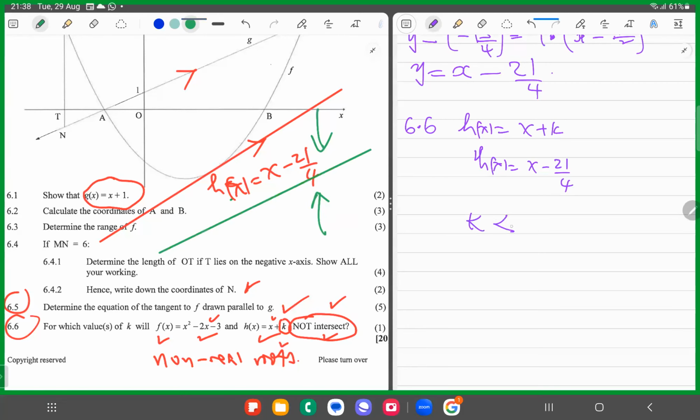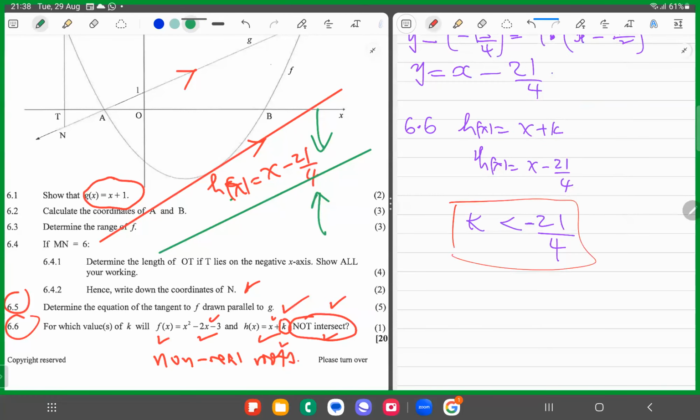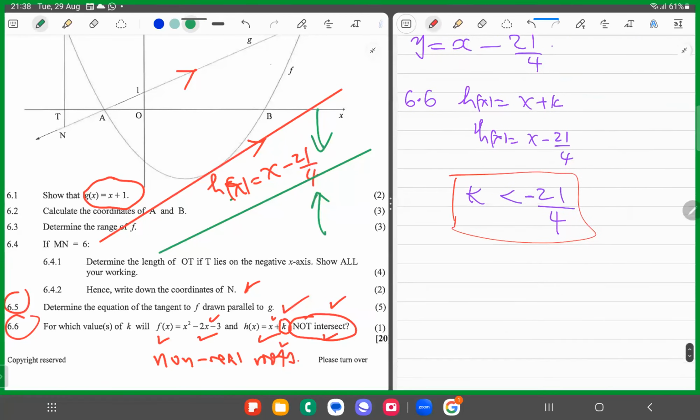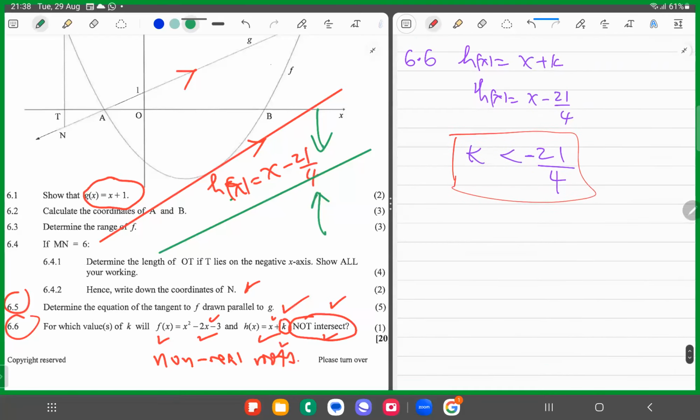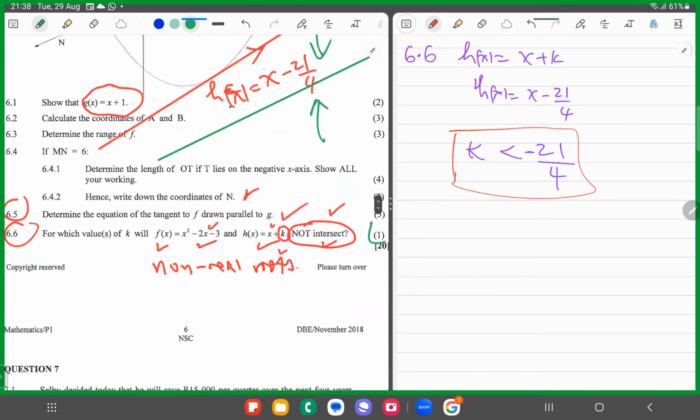You say k must be less than minus 21 over 4. So if k is less than minus 21 over 4, it means you moved it down, and that is the answer. You can use non-real roots as well, but it's just 1 mark, so it's not a big deal.